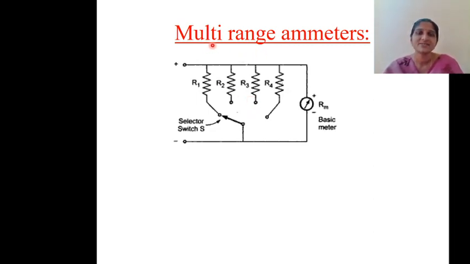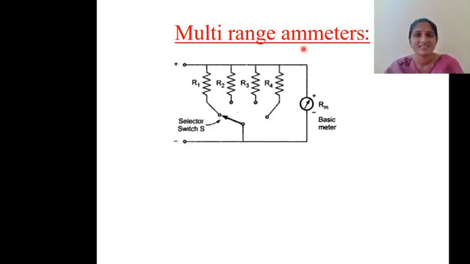As the name itself indicates, multi-range means you need to have multiple shunts. A shunt is nothing but a resistance connected in parallel with the meter. So if you connect multiple resistances in parallel to the basic ammeter, then it becomes a multi-range ammeter.